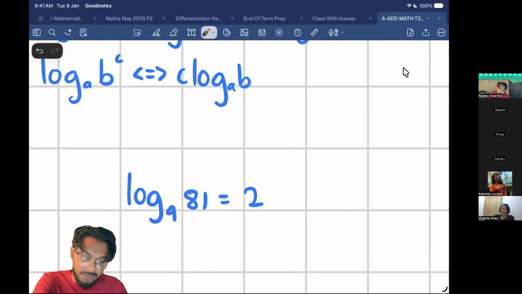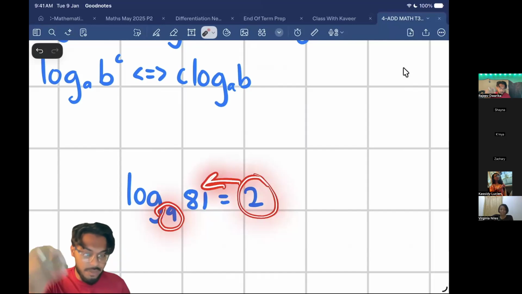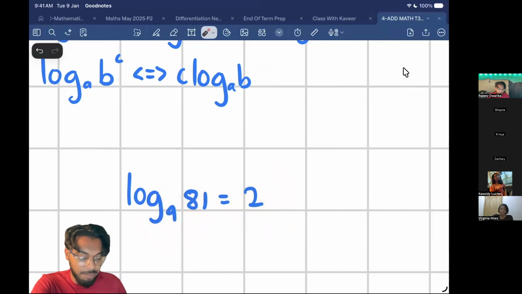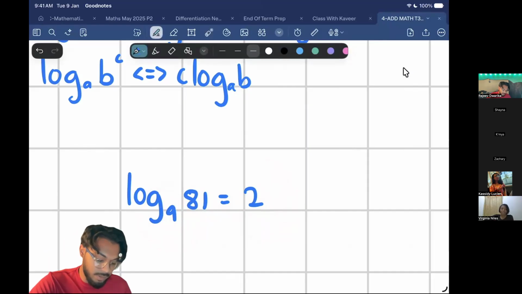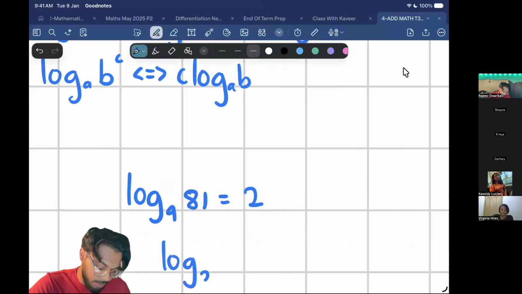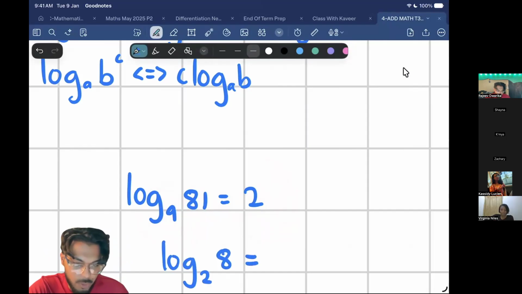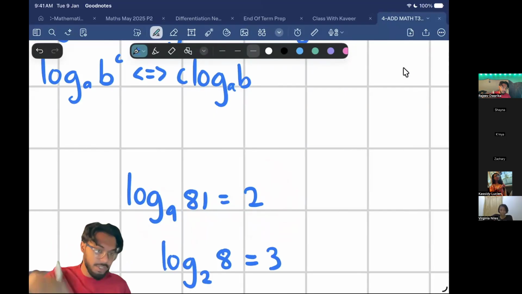The log function finds the power. You'd have to raise the base to some power to get the argument. So I would have to raise 9 to the power 2 to get 81. What would the answer for log base 2 of 8 be? 3, because I have to raise 2 to the power 3 to get 8.